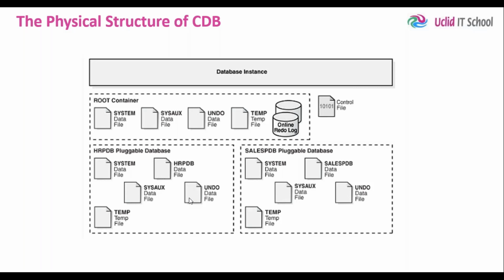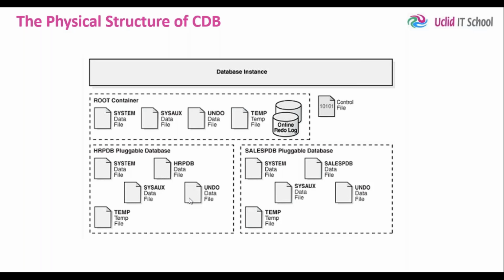Individual PDBs can have individual administrators. Suppose I have a separate admin for the HR PDB. I can designate a separate admin for the sales PDB. So with the multi-tenant architecture with a container database, you can have two DBA roles: the CDB administrator role that is responsible for overall container database administration, and the PDB administrator role that is responsible for individual PDB management.